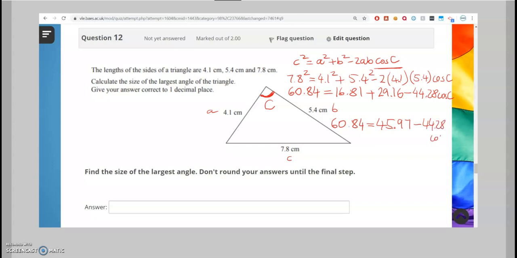Now we can rearrange this to say that 45.97 minus 60.84 is equal to 44.28 cosine C. So we'll write this down.